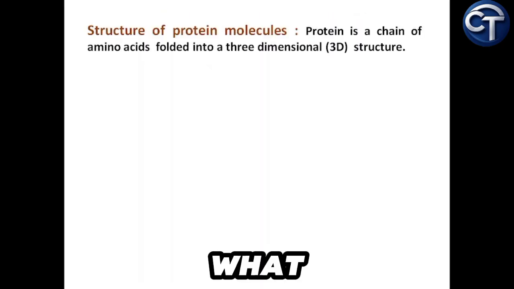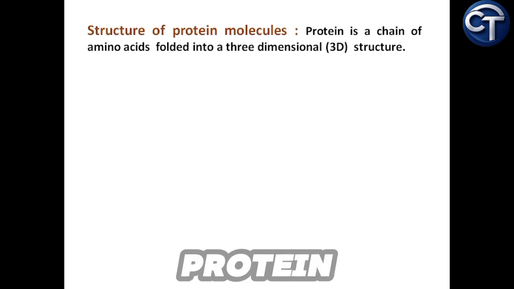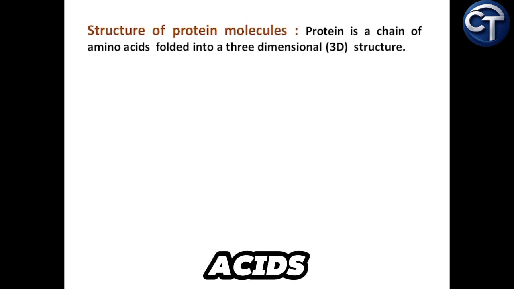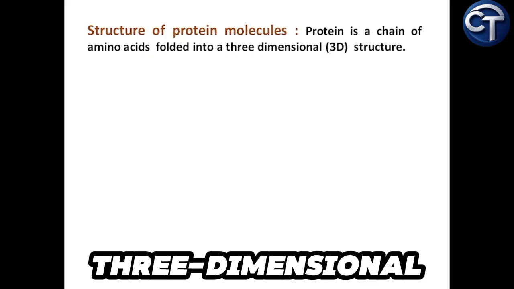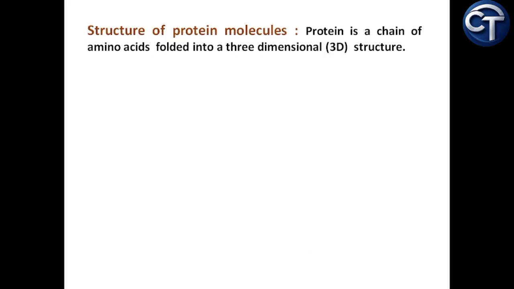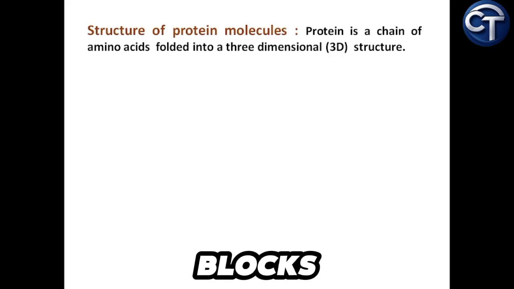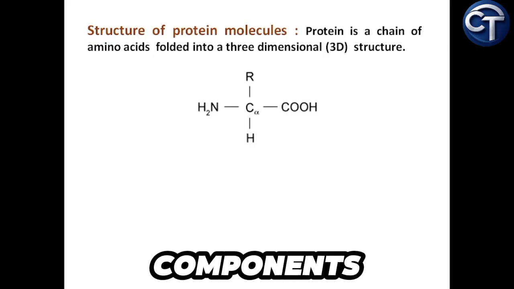So let's see, what is a protein molecule? Protein is a chain of amino acids folded into a three-dimensional shape. So what is an amino acid? Amino acids are the building blocks of protein and have a common structure. They consist of four key components, right?